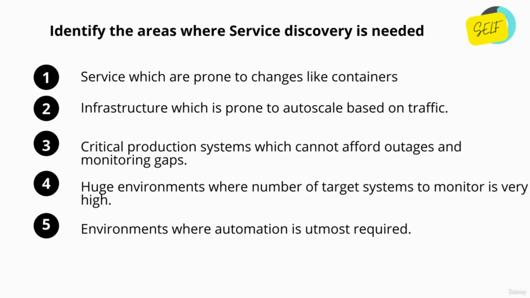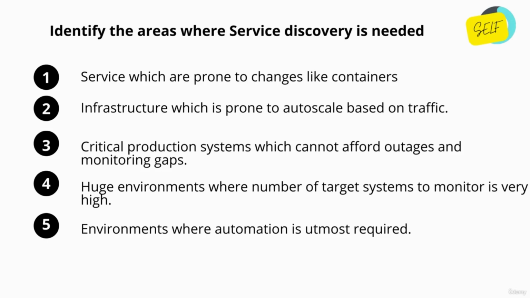Now the next thing is critical production systems which cannot afford outages and monitoring gaps. If your environment is critical to production, let's say you have SLAs of 99.9999%, you cannot afford that your website is down and you're not even aware of it. Also, you cannot afford to learn that your website went down 1 hour back, only after 1 hour.